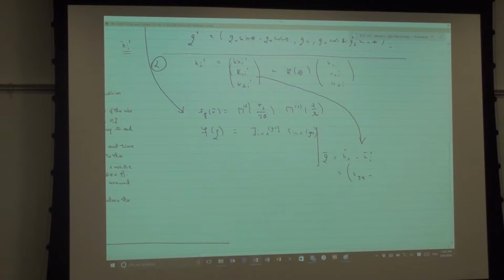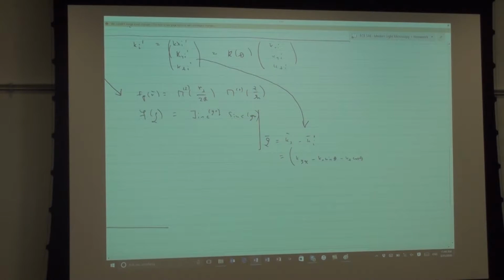So Kx sine of theta minus Kz cosine of theta. So this will be my Qx prime. Then my Qy stays the same. So let's just leave it Qy. And then this will be my Qz prime, where I'm plugging in Ks minus this one.